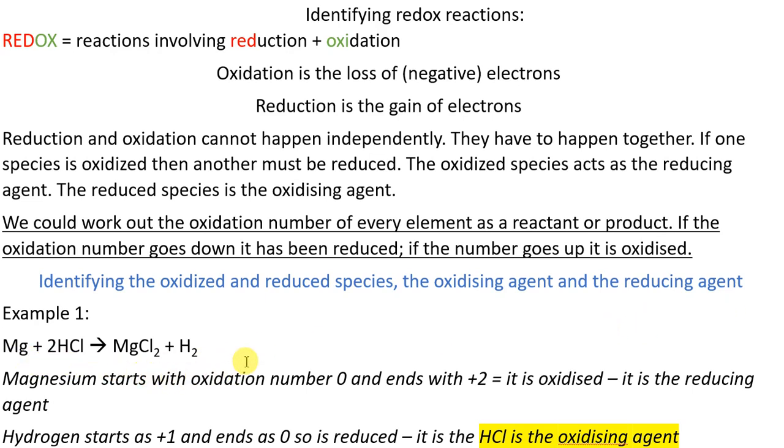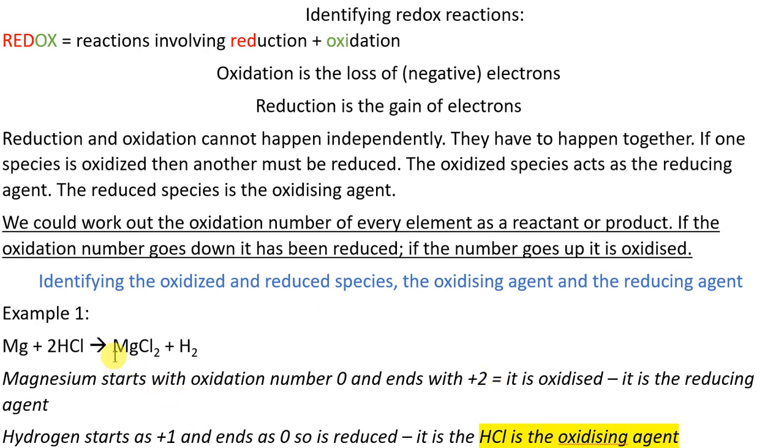In my first example, Mg plus 2HCl gives me MgCl2 plus H2. Magnesium starts with oxidation number 0. It's an element. It's not combined with anything. Electrons have neither been lost nor gained. But it ends up with plus 2.